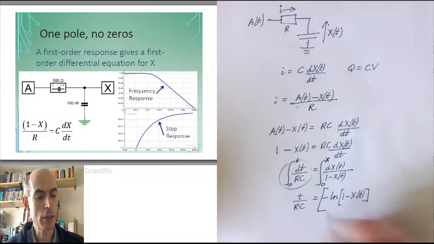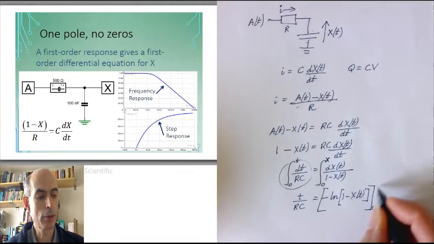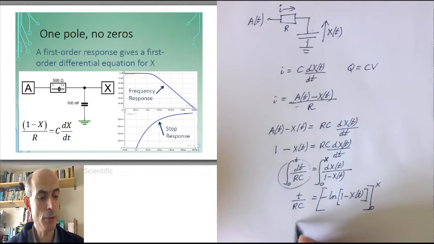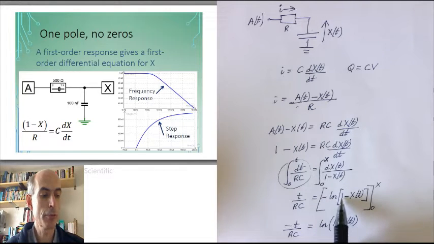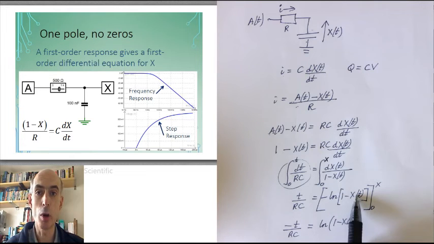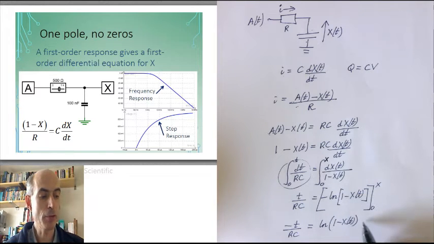Evaluating that between 0 and x, that gives me minus t over RC equals the log of 1 minus X of t minus the log of, well, 1 minus 0 would be 1, but the log of 1 is 0, so we can neglect it.